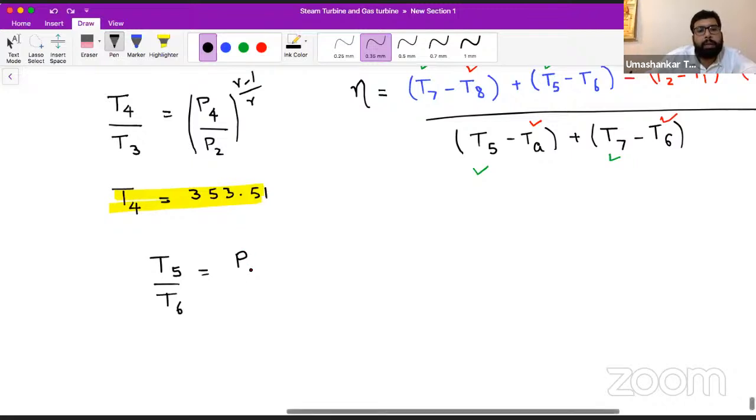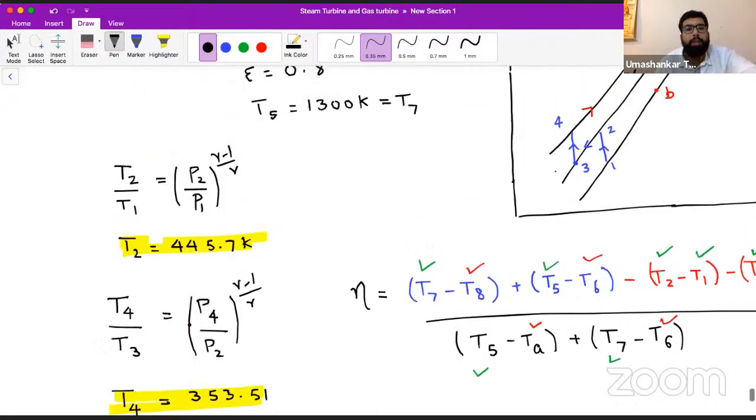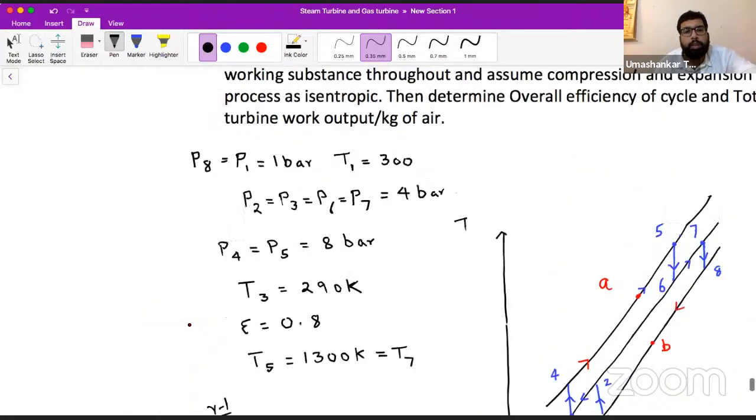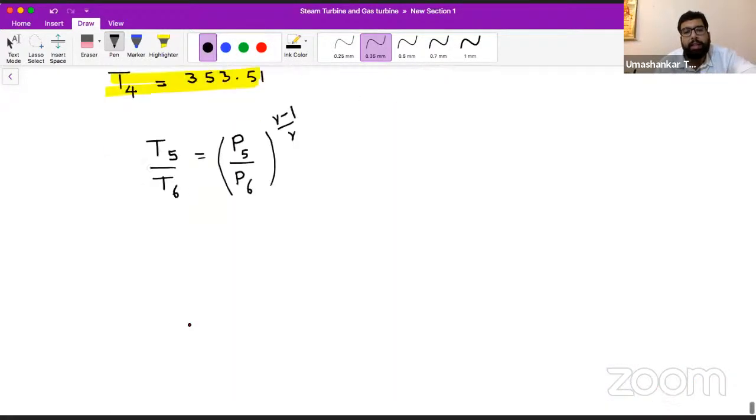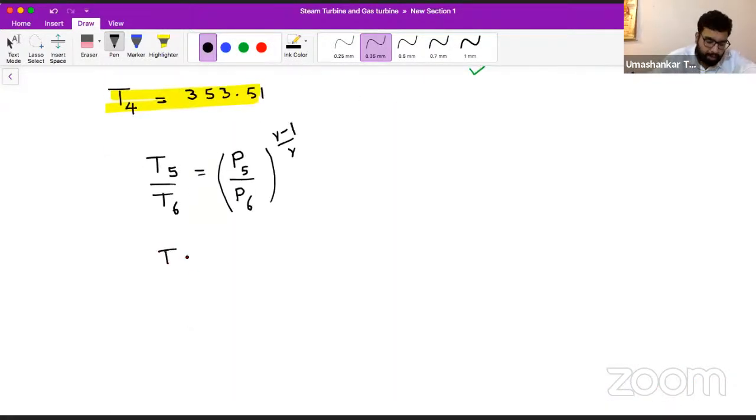So we have P5 by P6 to the power gamma minus 1 by gamma. We have all the pressure values. T5 is given to us as 1300 Kelvin. So we can find the value of T6 from this. So T6 will come out to be 1066.4 Kelvin.